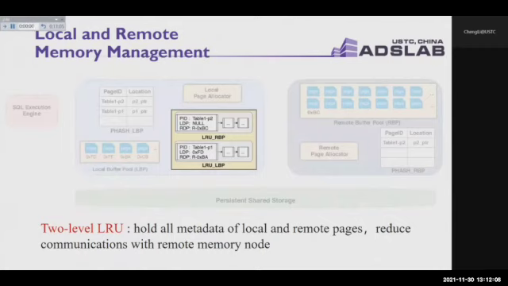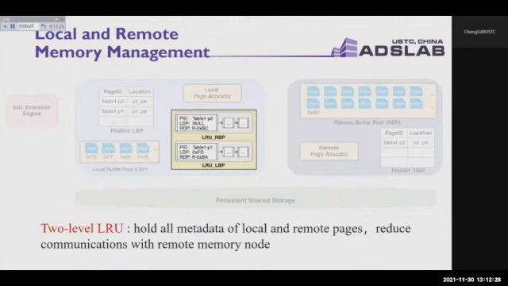First we have the local and remote memory management. On the local side, we use a two-level LRU. One level is called LRU LBP, which manages the data cached locally. Another is called LRU RBP, which manages all the pages cached remotely.